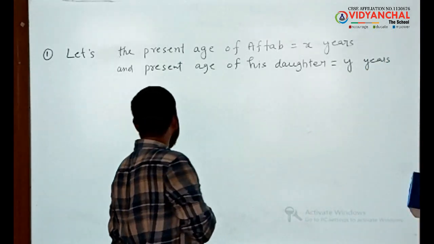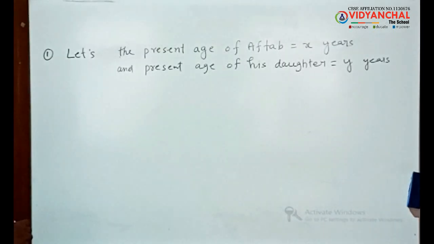Right? Let the present age of Aftab equal X years and the present age of his daughter equal Y years.